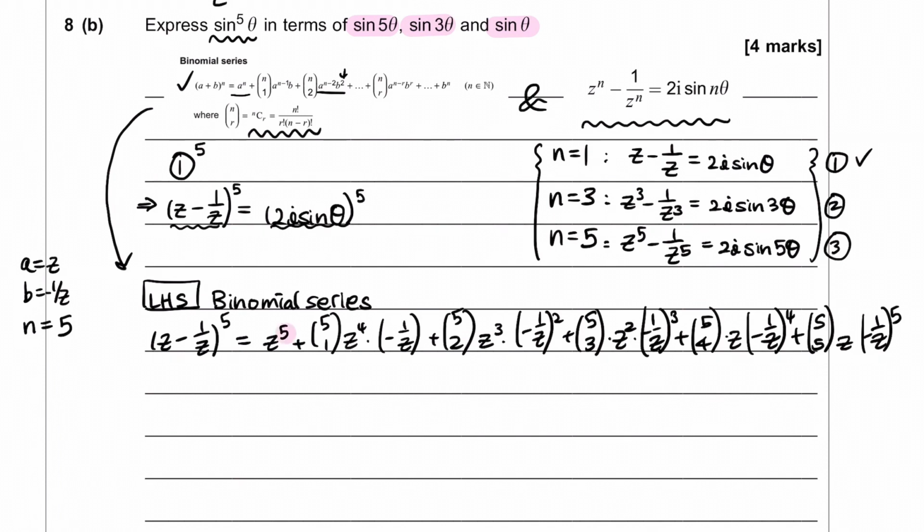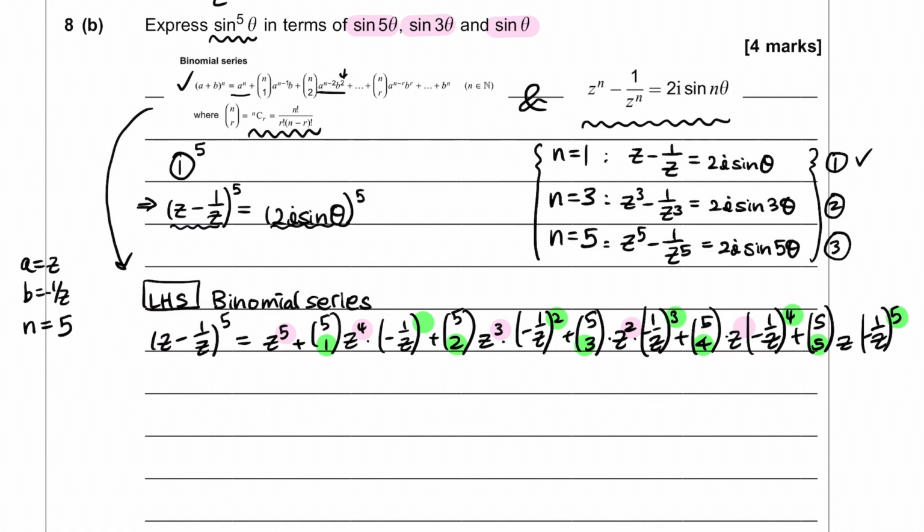A faster way to do it is that your first term a always has a decreasing power as such, whereas the second term always has an increasing power like this, and then it follows the number in the nCr brackets.